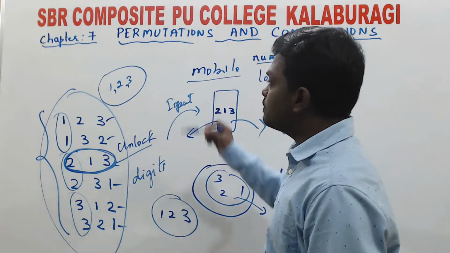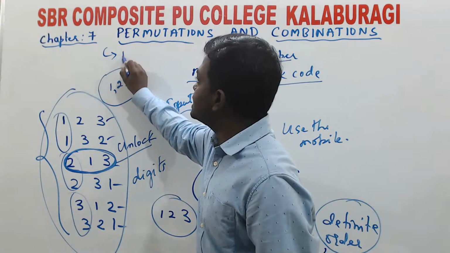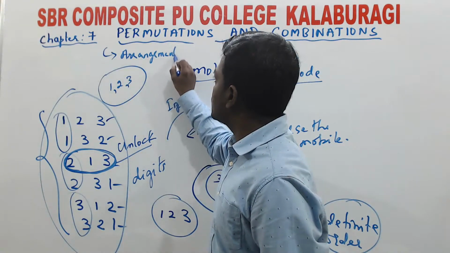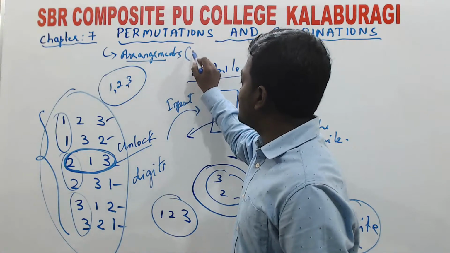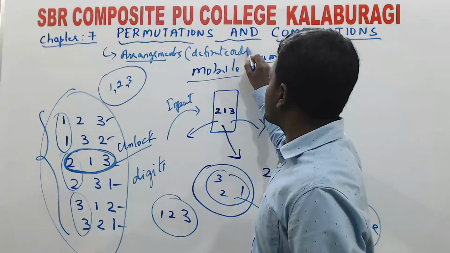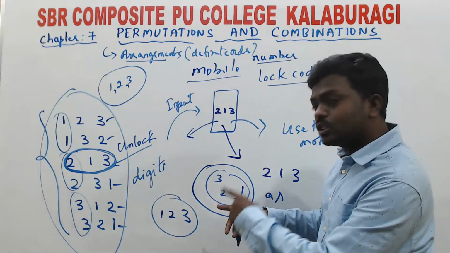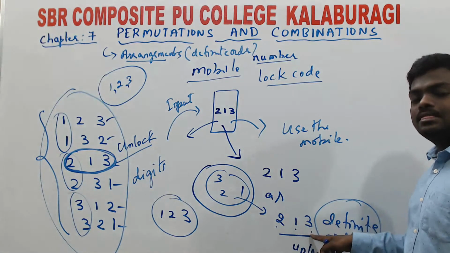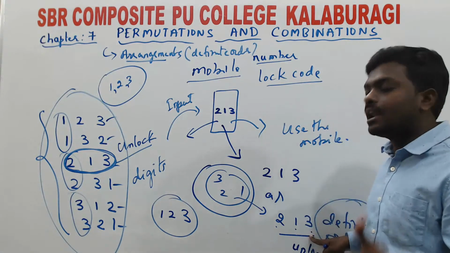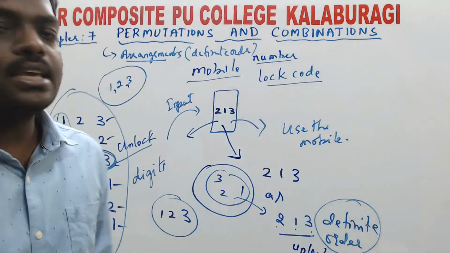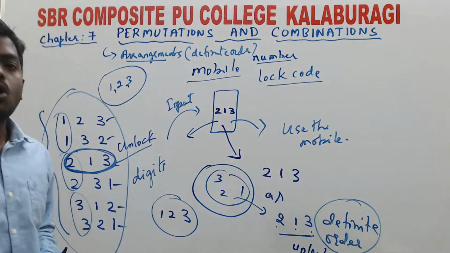Permutation is nothing but arrangements in some definite order only, right? To unlock the phone, the order is 2, then 1, then 3, then only the mobile unlocks. Is that clear, students? Now let's see what we mean by combination.